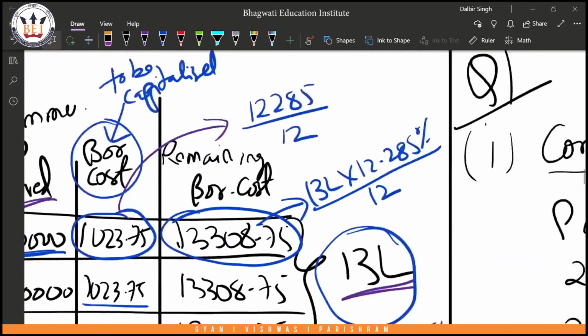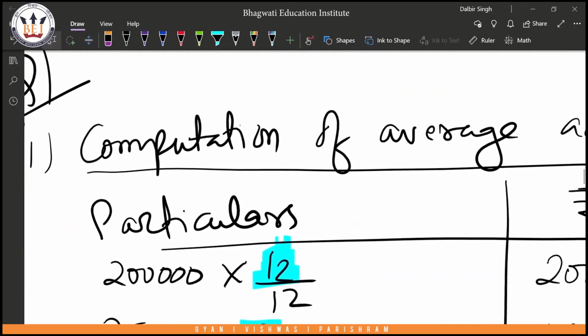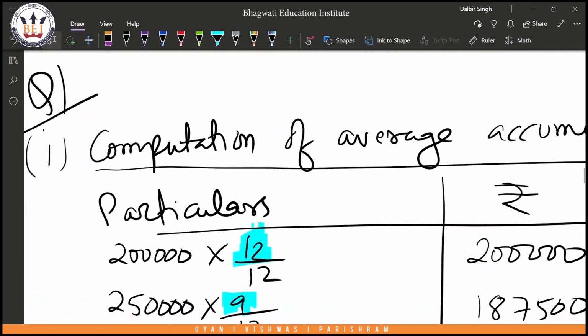But when we did a computation here, we used 2 lakhs. Why didn't we use 1 lakh? Ideally, going with the same concept, I should have used 1 lakh, not 2 lakhs. But why have we considered 2 lakhs here?